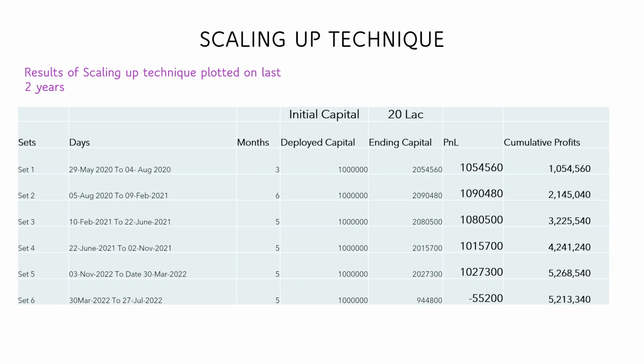For every 1 lakh profit, we scale up by 1 lot, so it will become 11, 12, 13, 14, but we start with 10 lots for 20 lakh. If you have lesser capital, like starting with 10 lakh total capital, then you have to trade not more than 5 lots. So that's it.